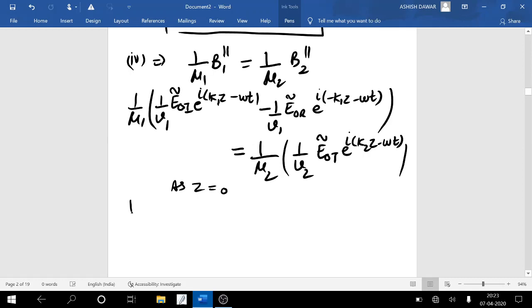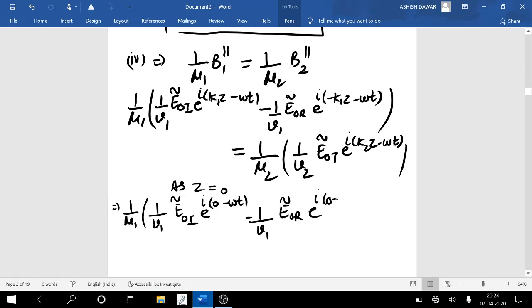So it becomes 1 upon mu1, 1 upon V1 E0I exponential iota 0 minus omega t minus 1 upon V1 E0R exponential iota 0 minus omega t equals 1 upon mu2, 1 upon V2 E0t exponential iota 0 minus omega t.